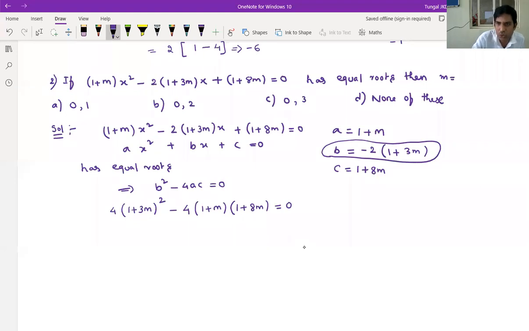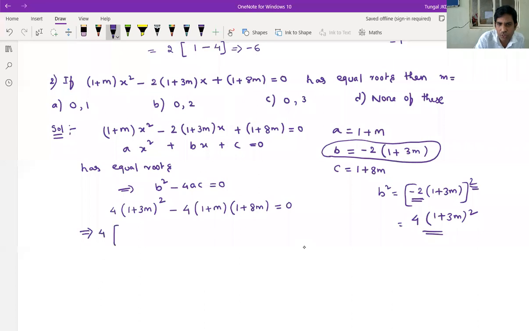Like that we have to substitute. Still if you have a doubt about b square, observe: minus 2 into 1 plus 3m whole square. Like this we write minus 2 whole square, nothing but 4 into 1 plus 3m whole square. Understood?